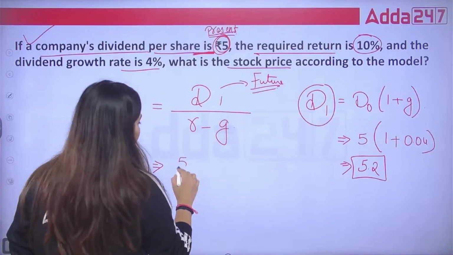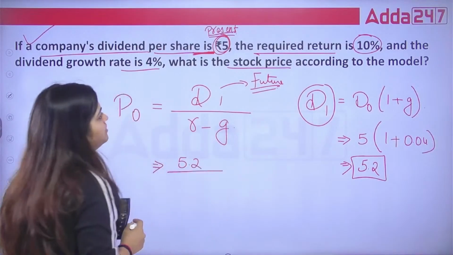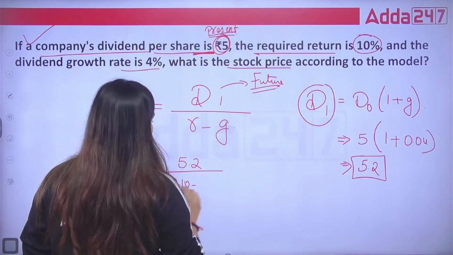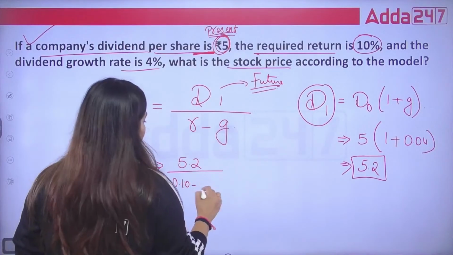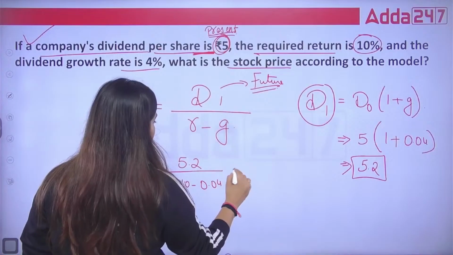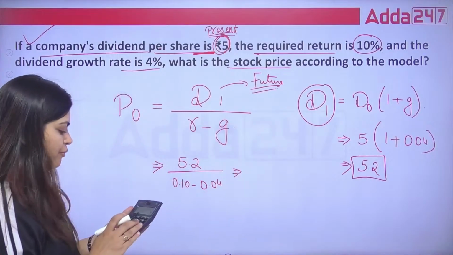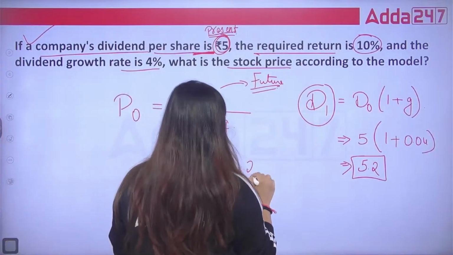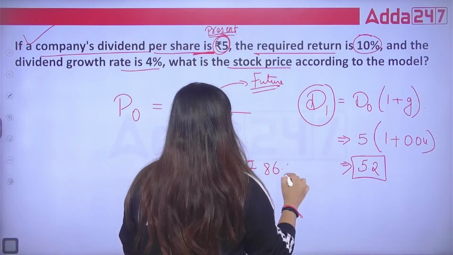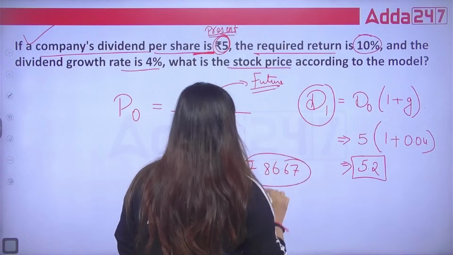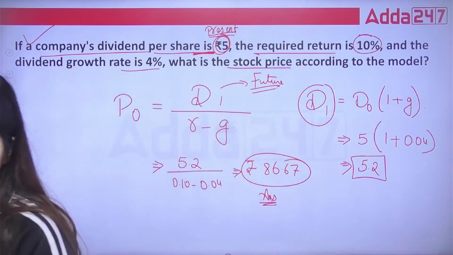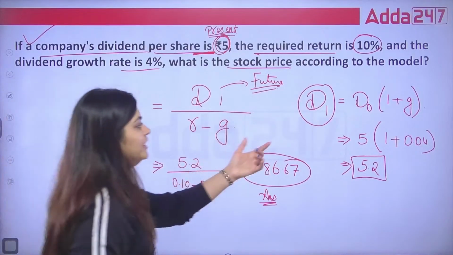So 5.2 divided by R minus G. R is 0.10, then growth rate is 0.04. 5.2 divided by 0.06, rupees 86.67. This is the answer.